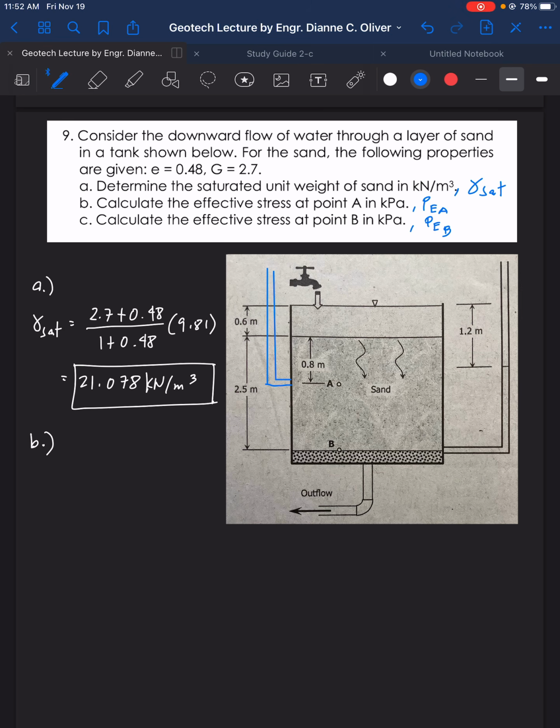Okay, so we have there the tube inserted at point A. And since it's an outflow, downward seepage, we can have the water level located below this level here. So we can name that, for a better drawing, we inserted here a tube.